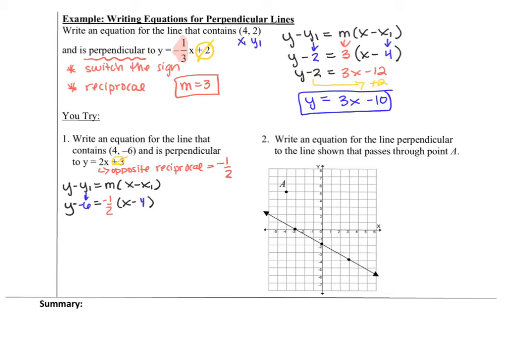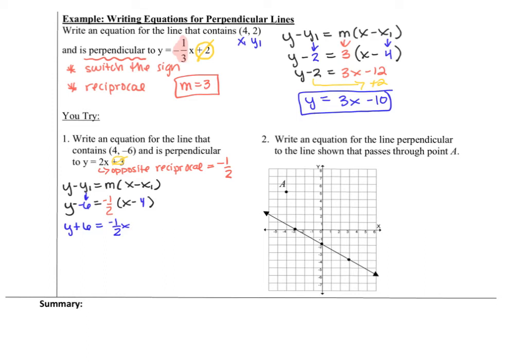So let's go ahead and simplify all of that. The y minus negative 6 is going to become positive, so we have y plus 6. And then let's go ahead and distribute. Negative 1/2 times x is going to be negative 1/2 x. And then negative 1/2 times negative 4, that's like just saying half of 4, is 2, and negative times negative is positive.